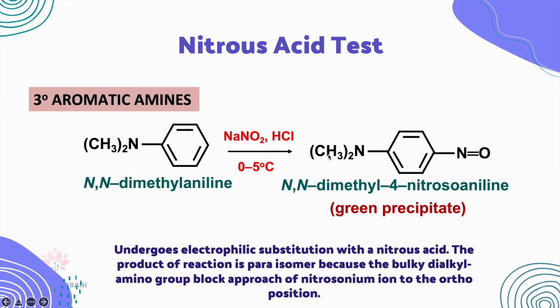So the N double bond O substitutes the H and must be at the para position, because the bulky dialkyl amino group blocks approach of the nitrosonium ion to the ortho position. It cannot be at ortho or meta; it prefers para. This is the nitrosonium ion.